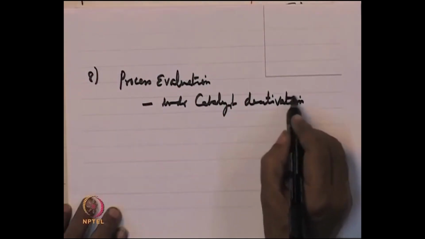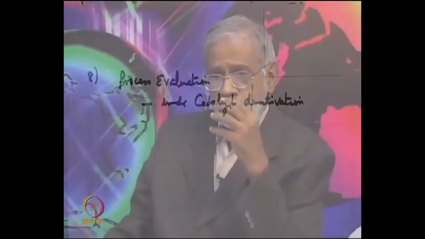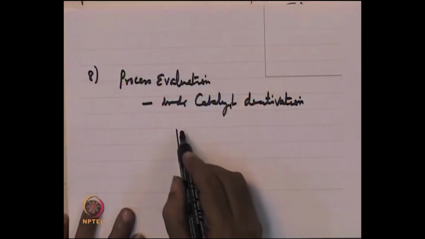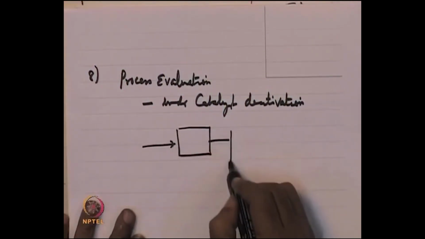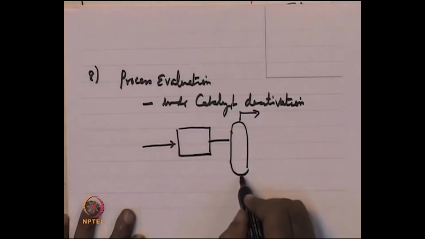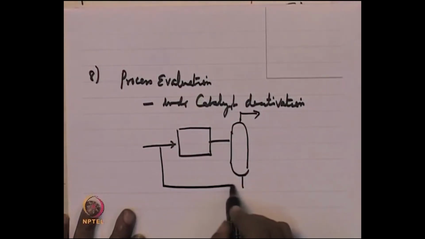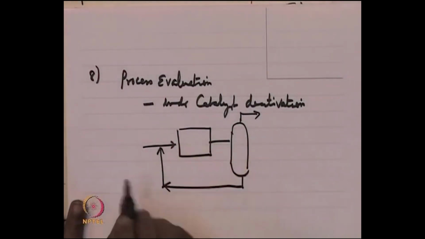Now, what we would try to learn here is, say for example, let us say we have a reactor, and then it goes through a separator, products come out, and then the unreacted goes back. This is the most common arrangement that we will see in the process industry.